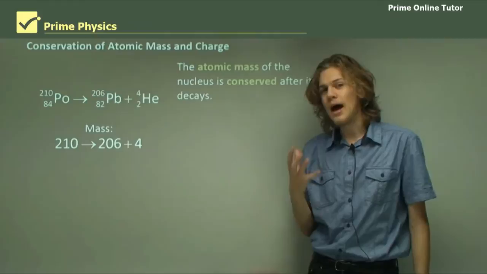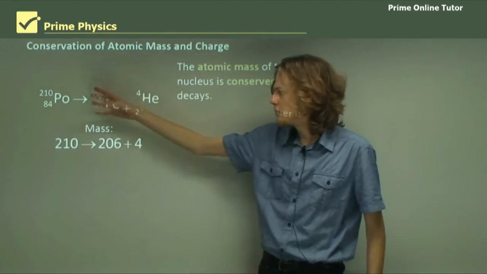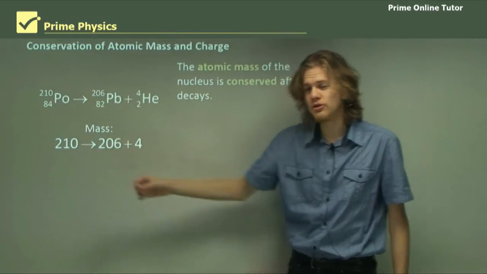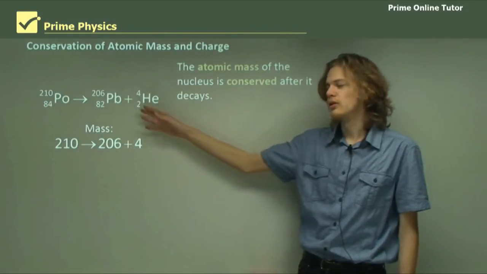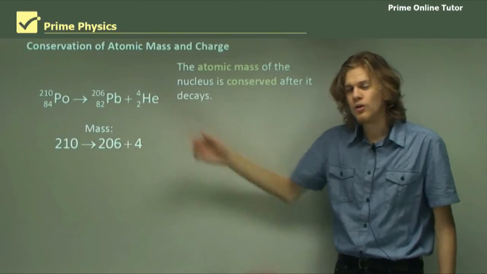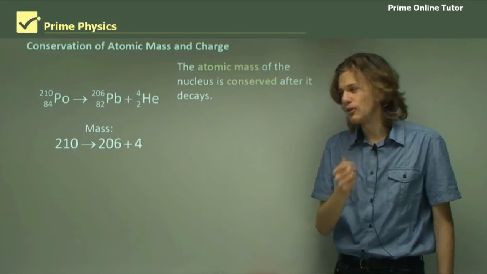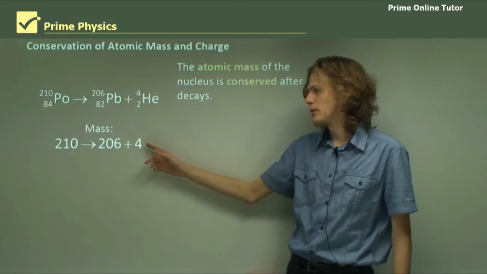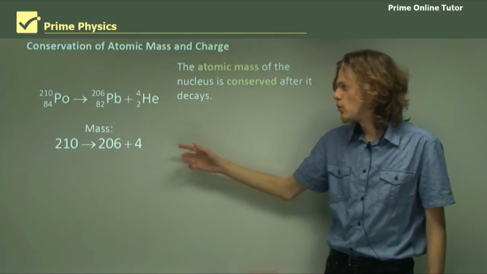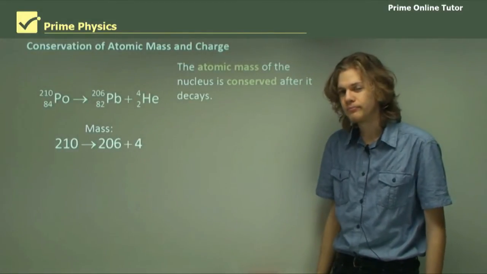So if we look at the mass of all the particles involved, we have a polonium atom weighing 210 atomic mass units, turning into a lead atom that weighs 206, and an alpha particle, which has two protons and two neutrons, giving an atomic mass of 4. So we can see that we have the same mass on both sides of the equation.